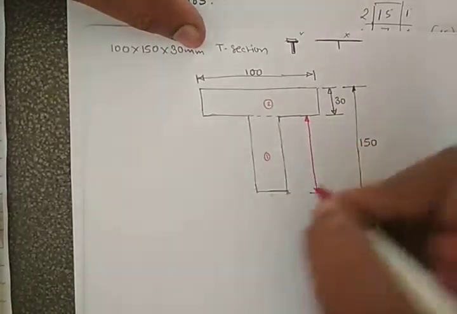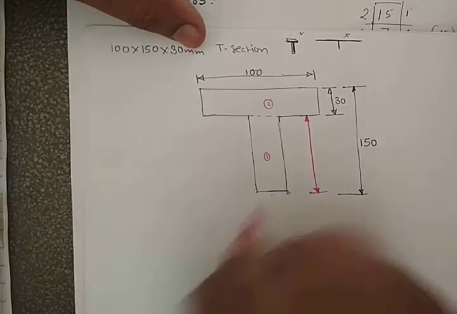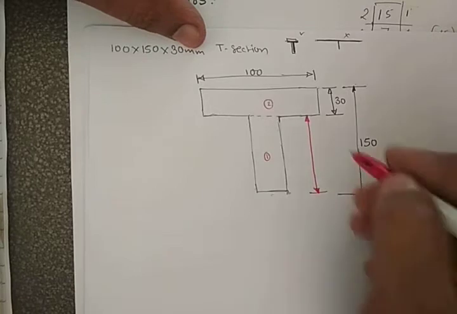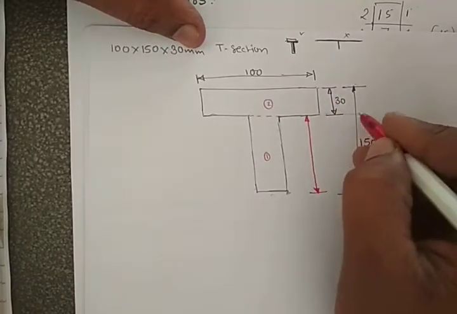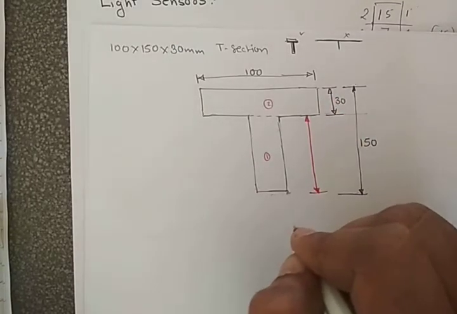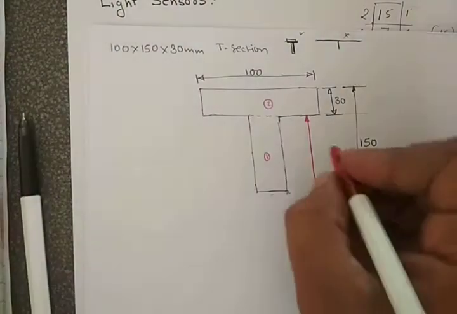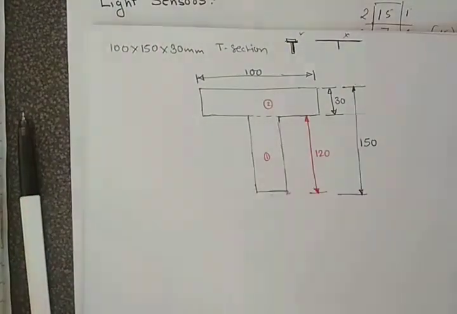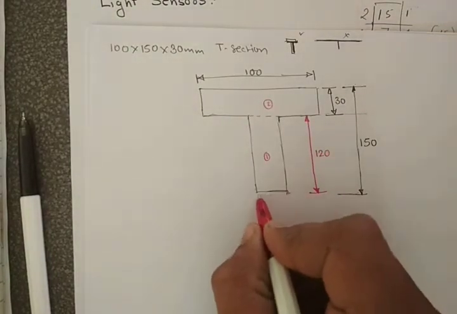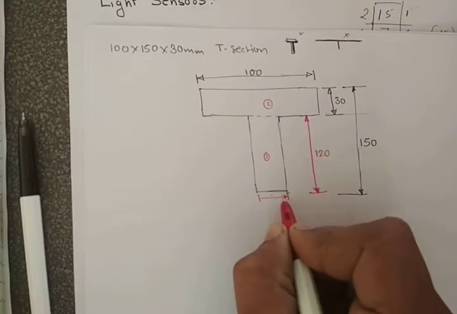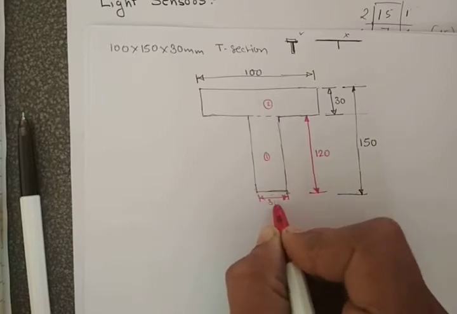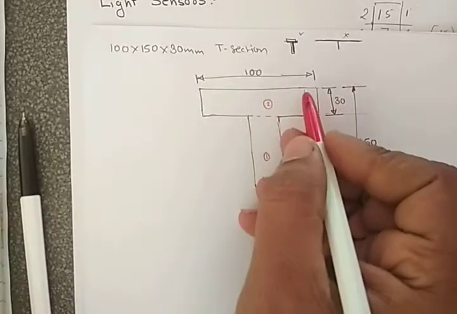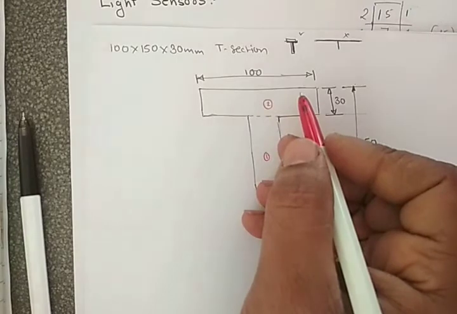I'm redimensioning this. Up to here it is 150. Then 150 minus 30, how much remains? It is 120. Now next, 120 into this is 30. And this dimension remains the same. No changes are there in that.